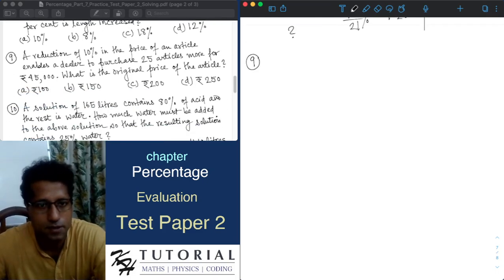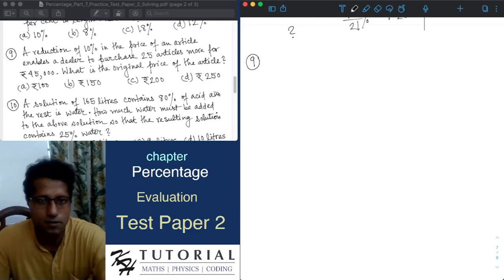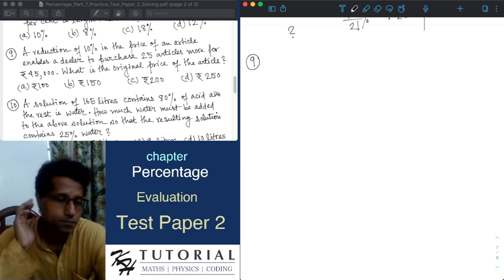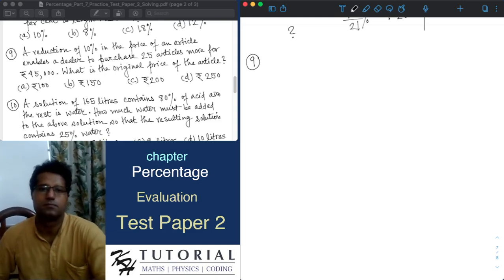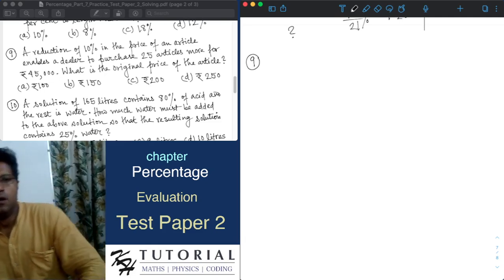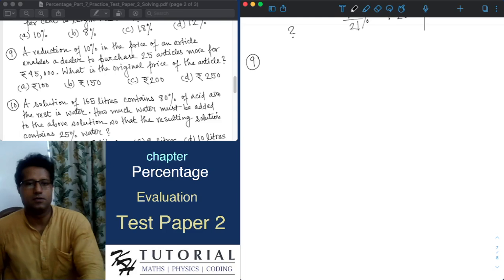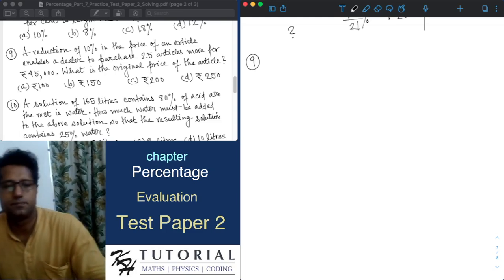Question number 9 says that a reduction of 10% in the price of an article enables a dealer to purchase 25 articles more for rupees 45,000. What is the original price of the article?